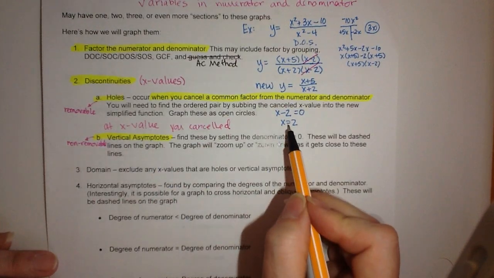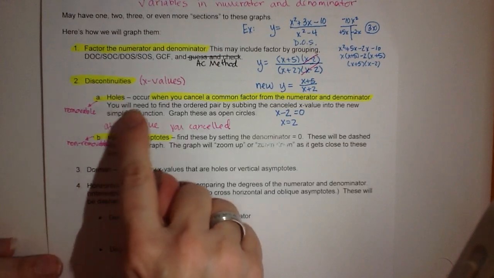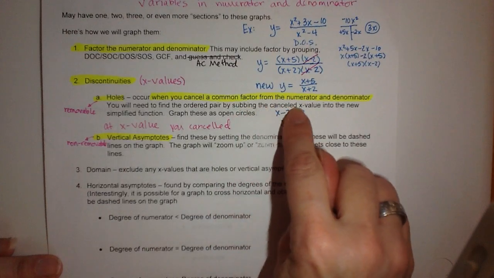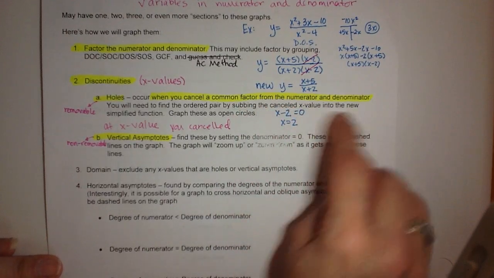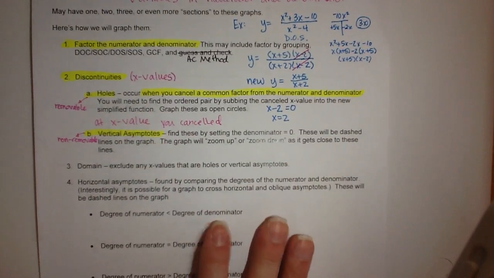So here is one, x equals 2. But then, after that, you will need to find the ordered pair for the hole by subbing the canceled x value into the new simplified function. And then we will graph these as open circles.